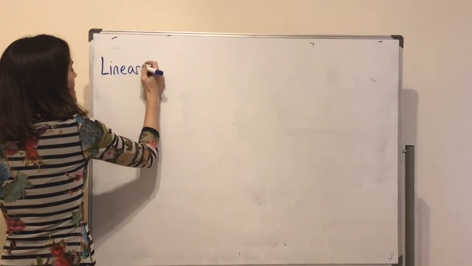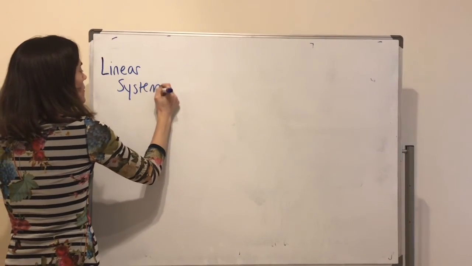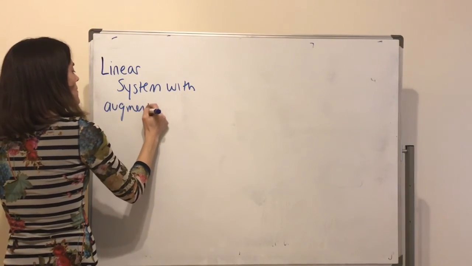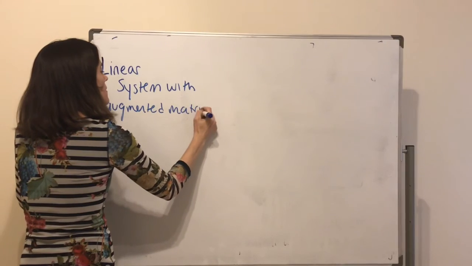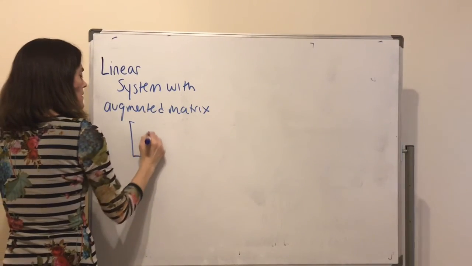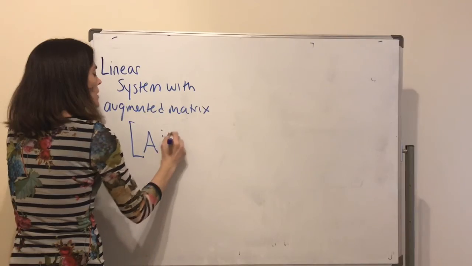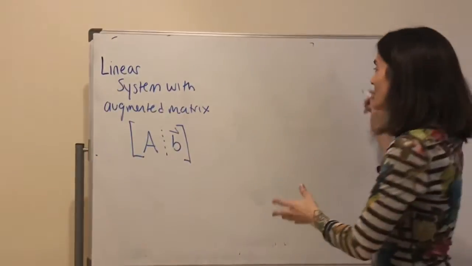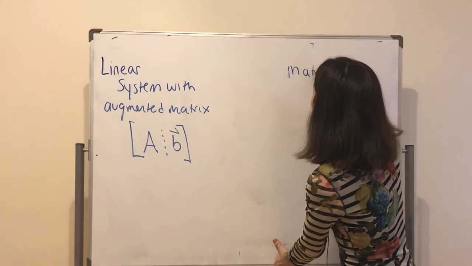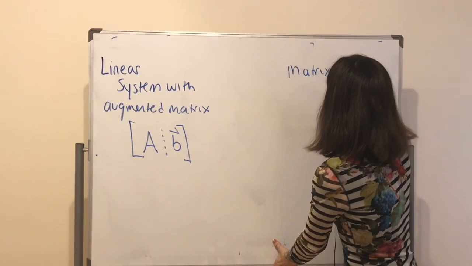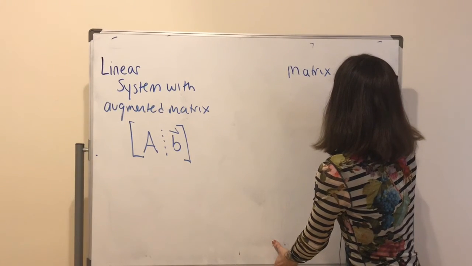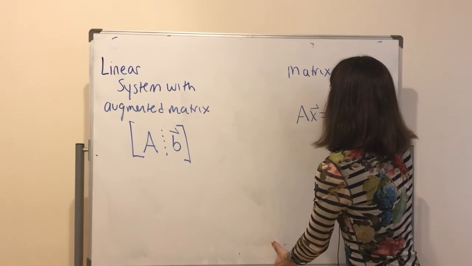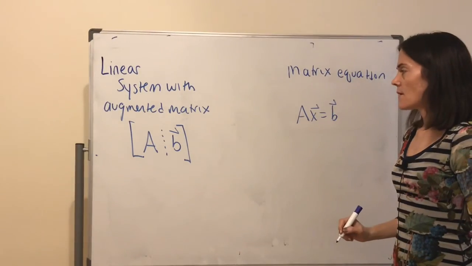First of all, we have the linear system with augmented matrix A, B. And then we have the matrix equation written like this, AX equals B. Okay?